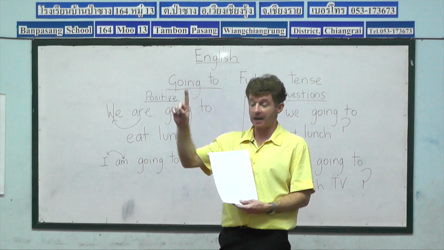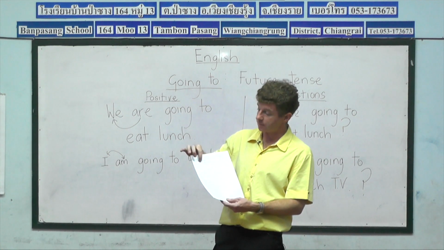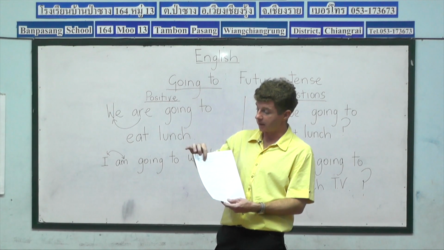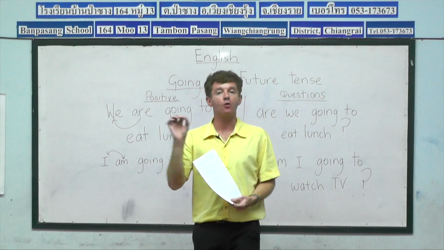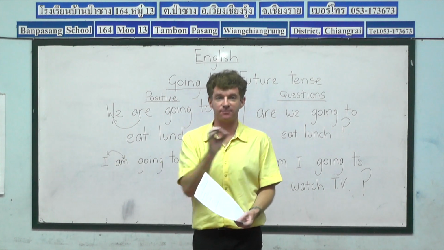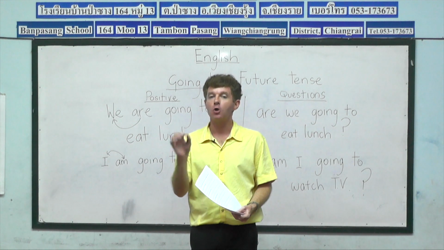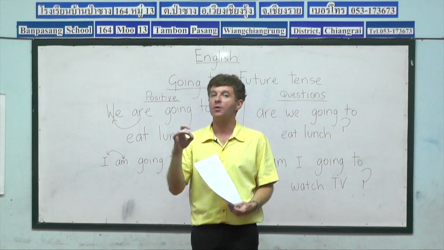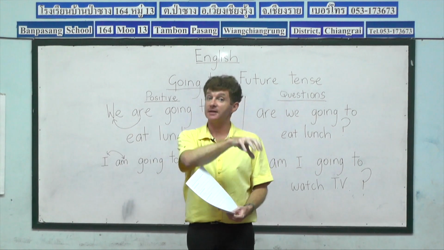So first thing, guys, read the positive sentence. For example, I am going to play football tomorrow. Then our students need to write the negative form. And what word do we use for the negative? Not.